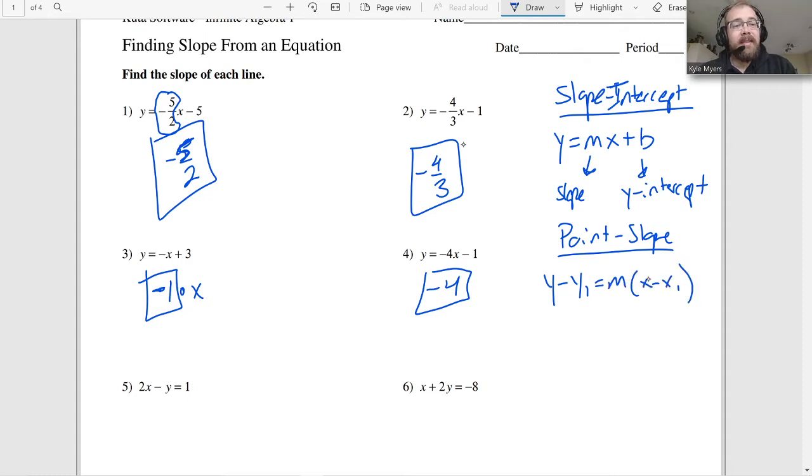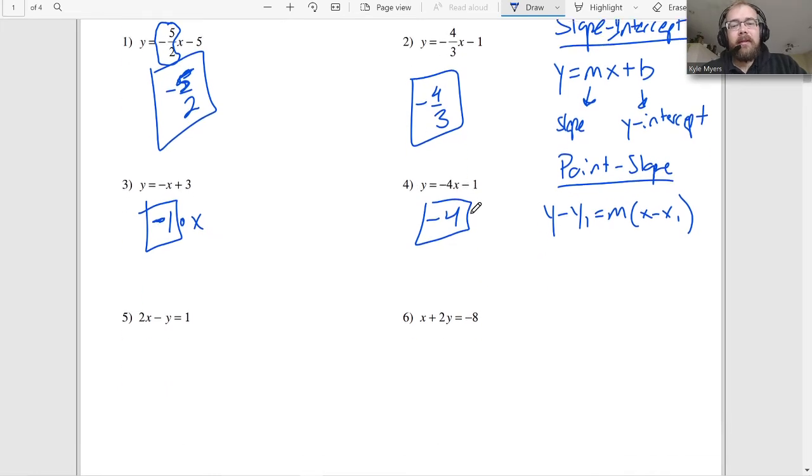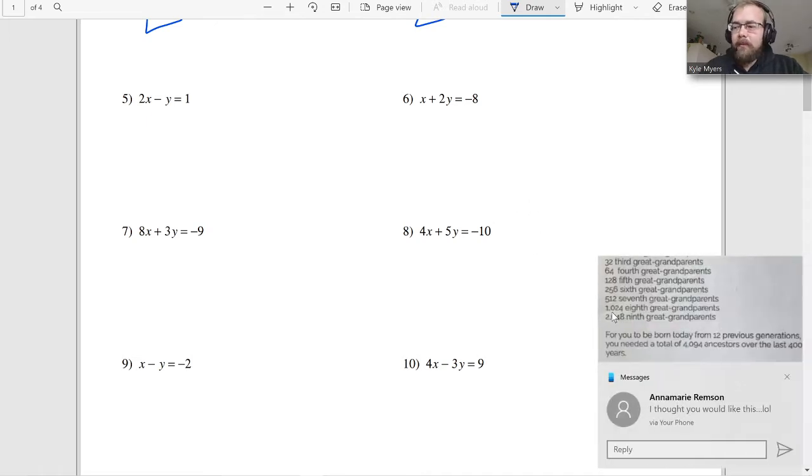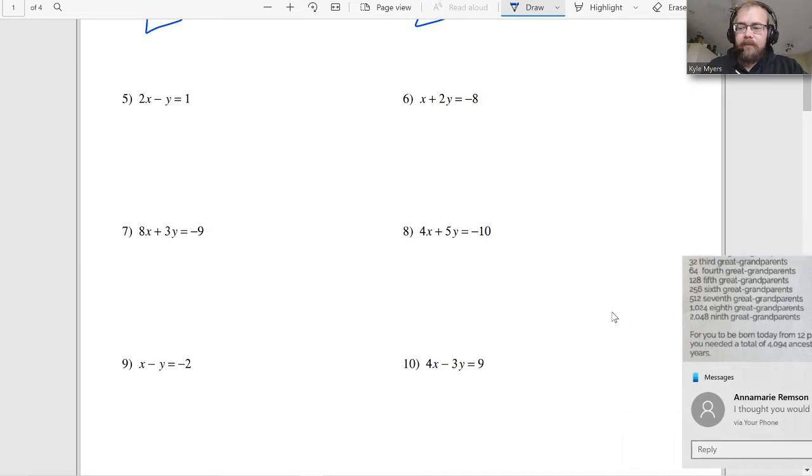So if you see something like y minus 2 equals 3 times (x plus 5), then the number outside of the parentheses, right next to the x, would still be the slope. However, number 5 and number 6 and so on here, it's not in that form.